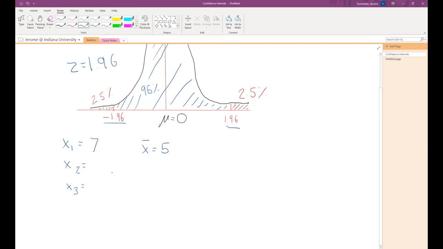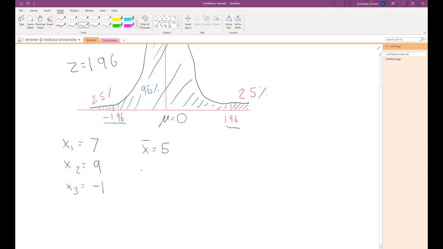I could tell you that x2 may be, I don't know, 9. Now, I have picked those two values randomly. Now, knowing that the average is equal to 5, I know that the last value has to be equal to -1.